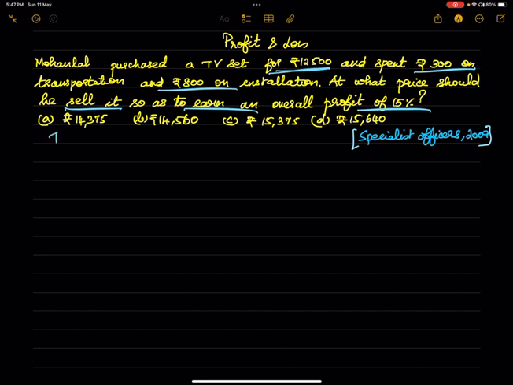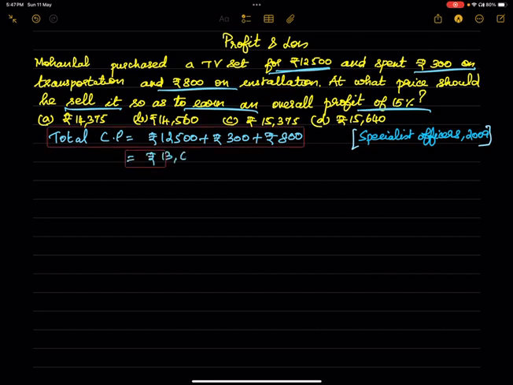Okay, so total CP is equal to rupees 12,500 plus rupees 300 plus rupees 800. What is total CP? That is rupees 13,600.